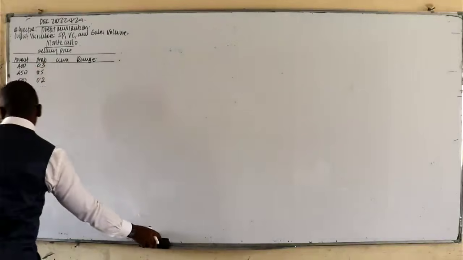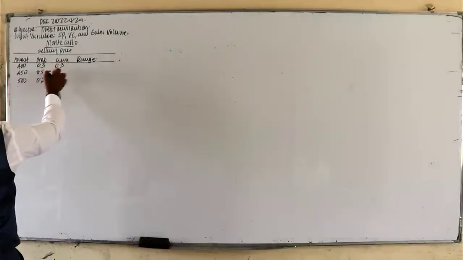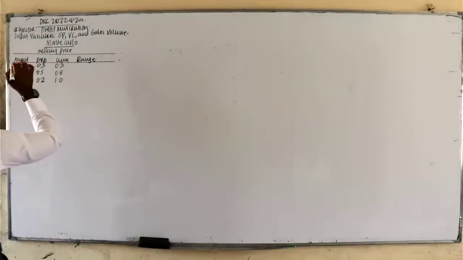Now look at the random numbers. The random numbers you are given are single digits, so that means they are in tens. That's why even our probabilities are given as single digits, so that if you accumulate the total, the maximum should go to 10. That is 0.3 plus 0.5, you get 0.8, plus 0.2, you get 1.0.